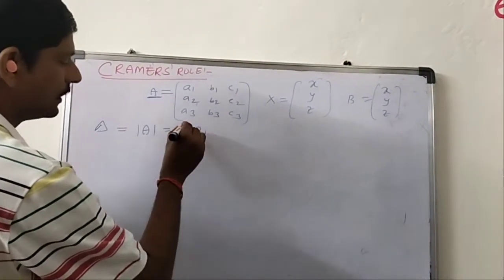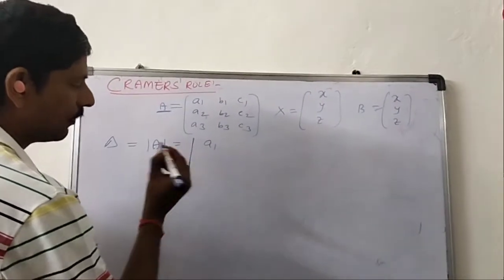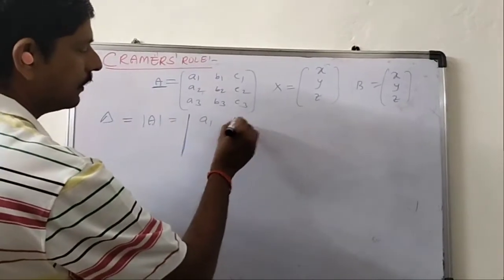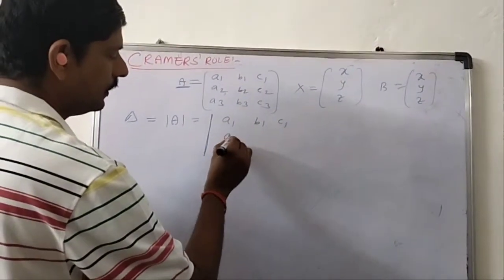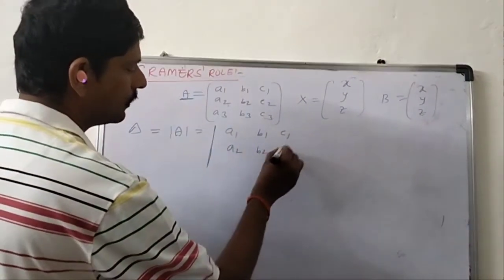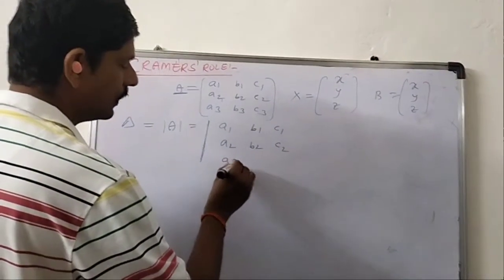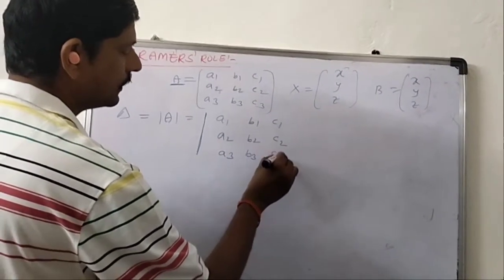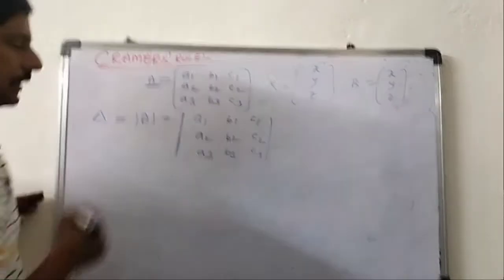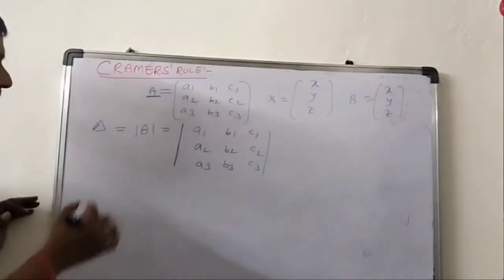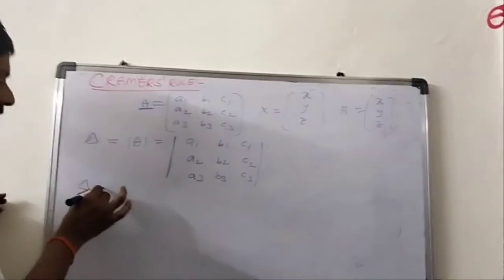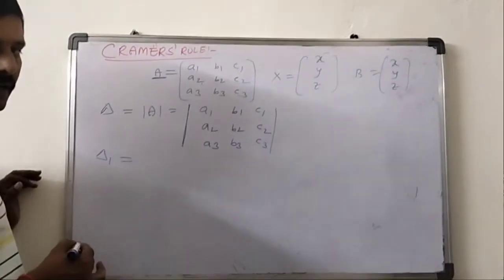That is nothing but the determinant, indicated by two vertical bars, a1, b1, c1, a2, b2, c2, a3, b3, c3. You have to find the 3 by 3 determinant. Now we have to find delta 1.